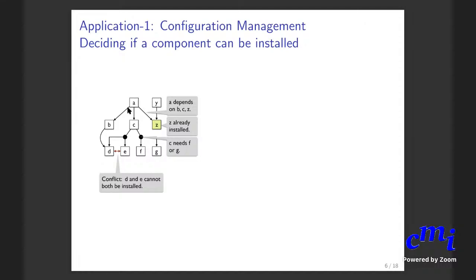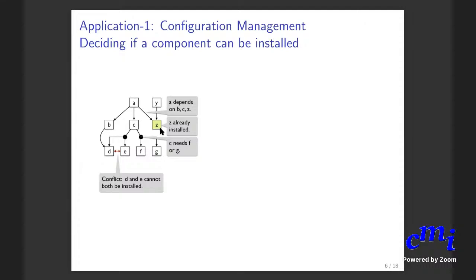The solid arrow here says that in order to install A, since it depends on them, you need all of B, C, and Z. If there's an arrow with a dot, that means that in order to install C, you either need D or E. One of the two is sufficient. This red arrow here means that there is a conflict: you can't have both D and E installed simultaneously. Green means Z is already installed.